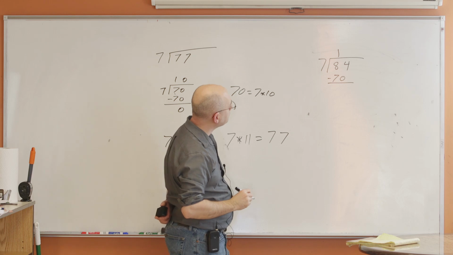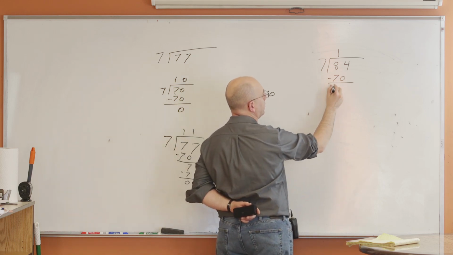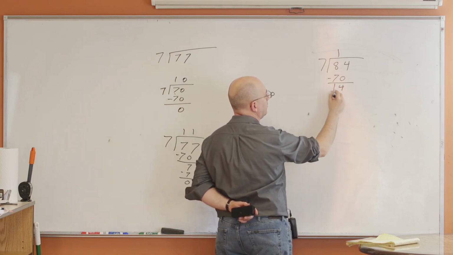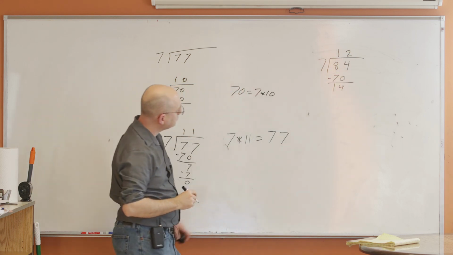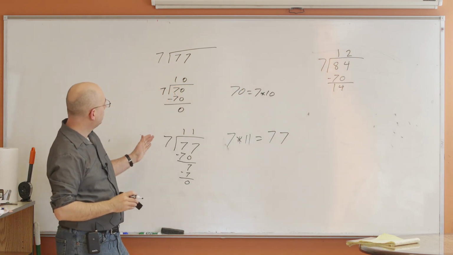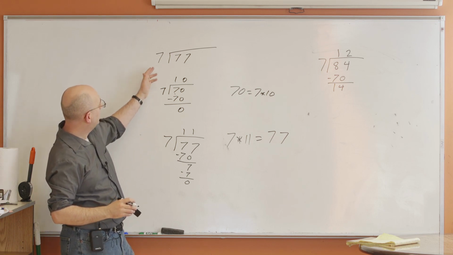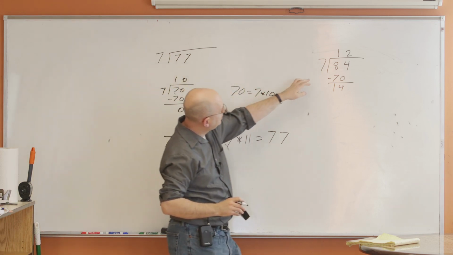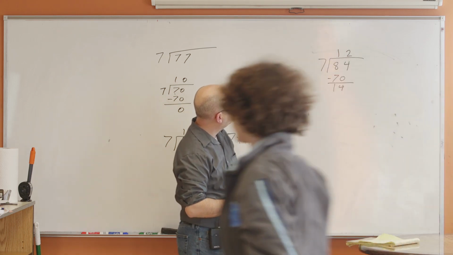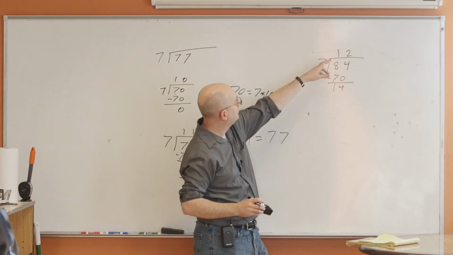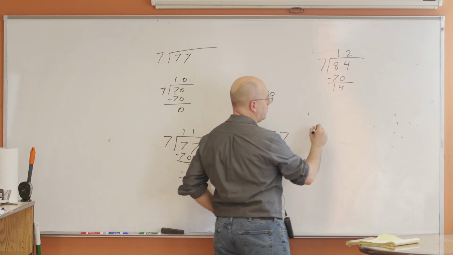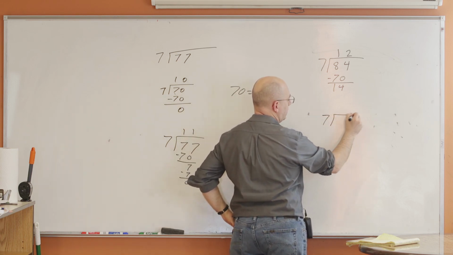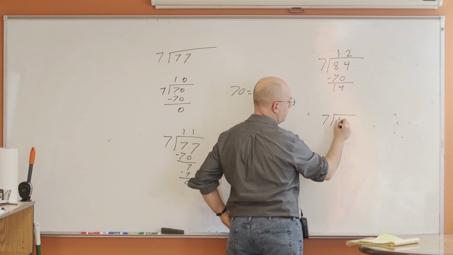And you get minus 70. 14, 7 into 14 is 2. So we first try to divide the digit into the leading number, and then we bring it down, multiply, and so forth. Now, what about 7 into 14?